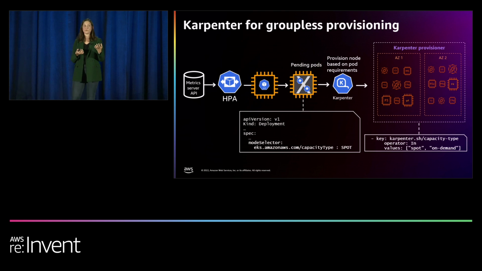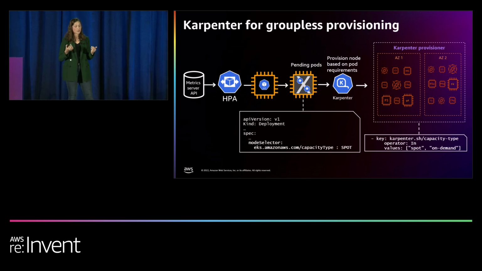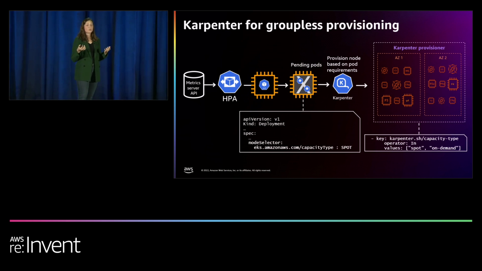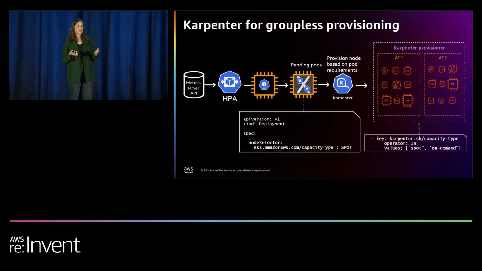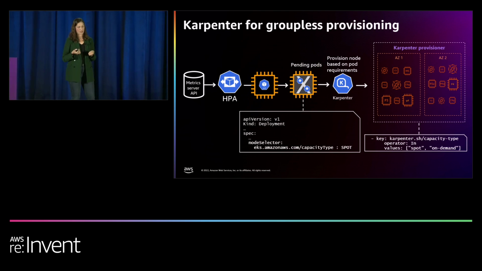When it provisions a new node, it simply creates an EC2 API request with a list of instances based on the size of the pending pod, and it can combine spot and on-demand. So for example, in this case, the pod has a node selector of capacity type spot. So Karpenter will simply provision a spot instance for this pending pod.